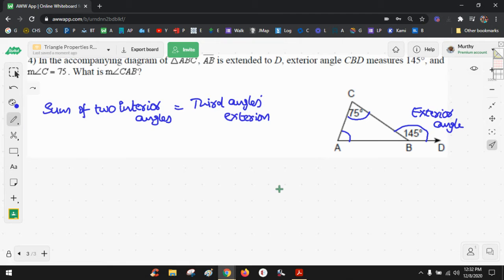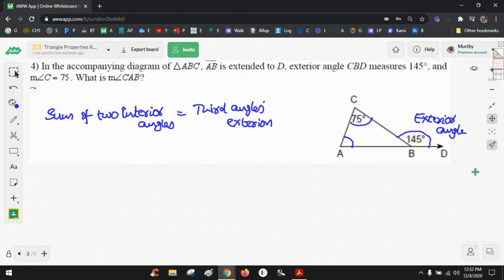So let me read the question thoroughly and identify the information. In the accompanying diagram of triangle ABC, AB is extended to D. Exterior angle CBD is 145 and the measure of C is 75. What is the measure of angle CAB? Angle CAB. Therefore, C is here, A is here, and B is here. So the question is, what is the value of this one?